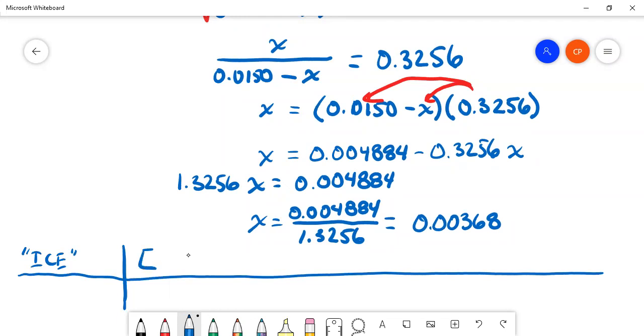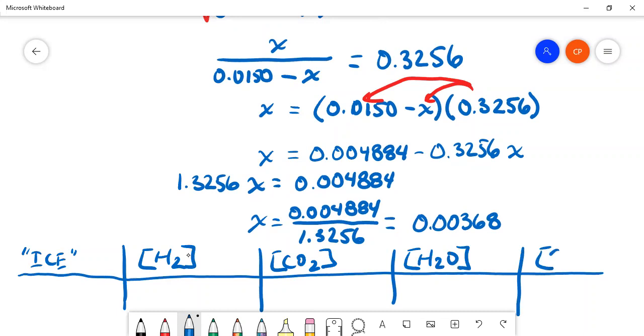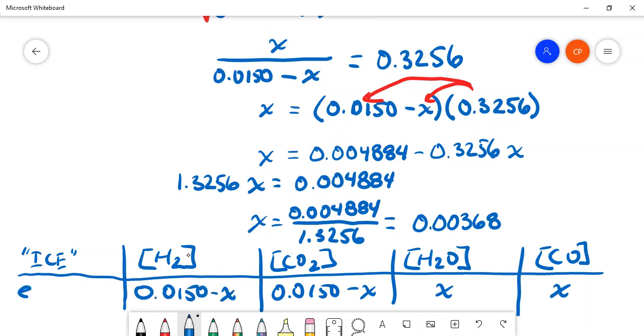The reaction was H2 plus CO2 yields H2O plus CO. And this was X, and this was X. This was 0.0150 minus X, and this was 0.0150 minus X at equilibrium.